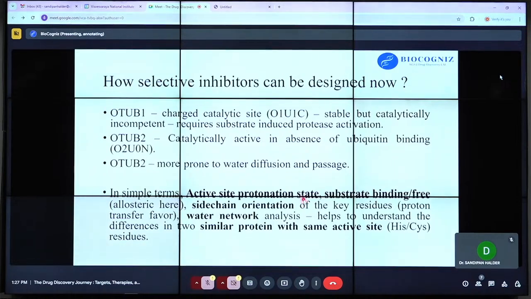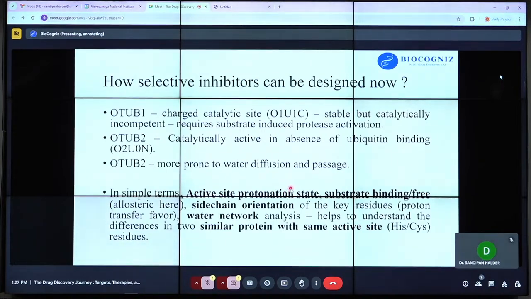Even the side chain orientation of the active site is very crucial, and also the water network, not just one single crystallographically significant water molecule alone, but also the network of water, which is usually ignored.